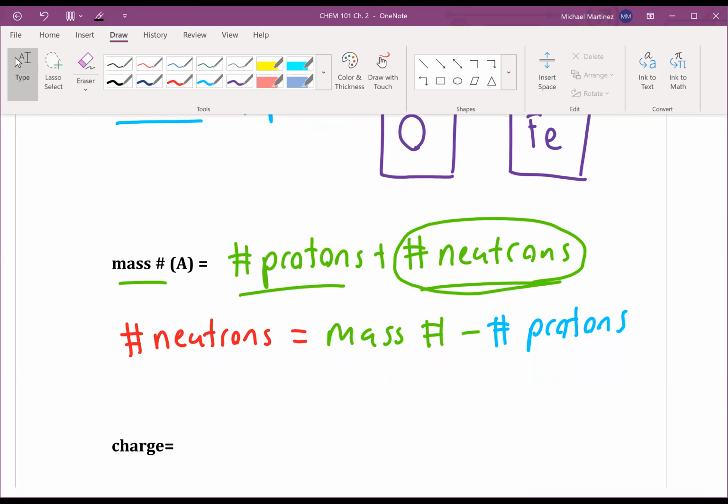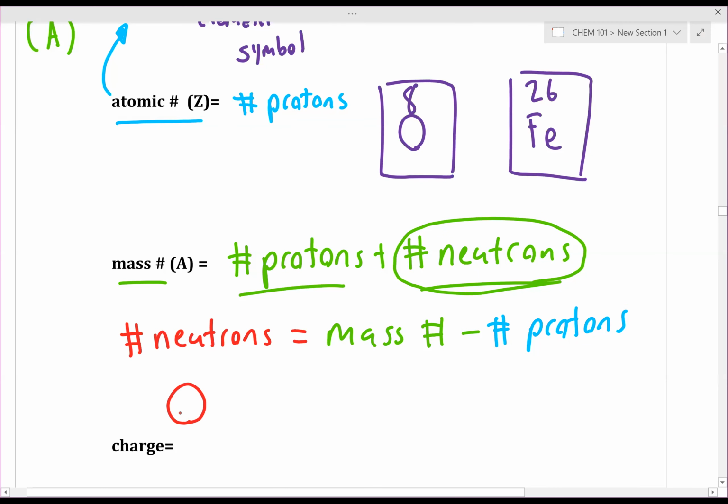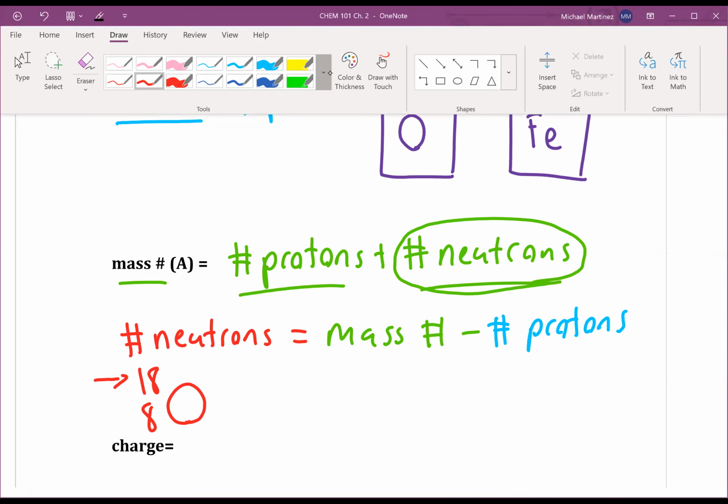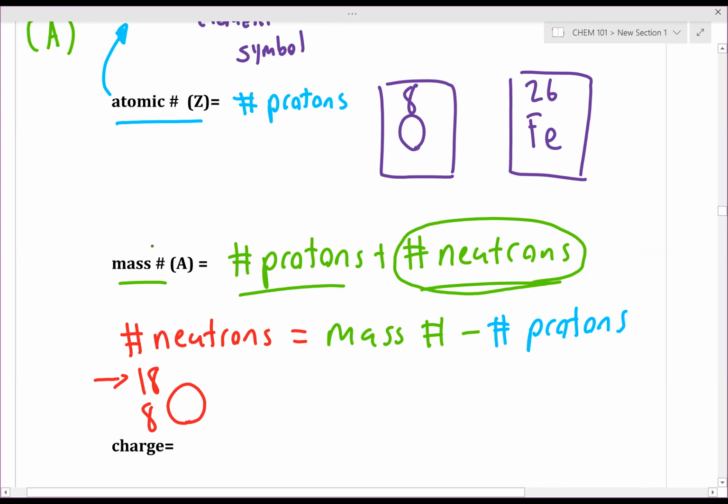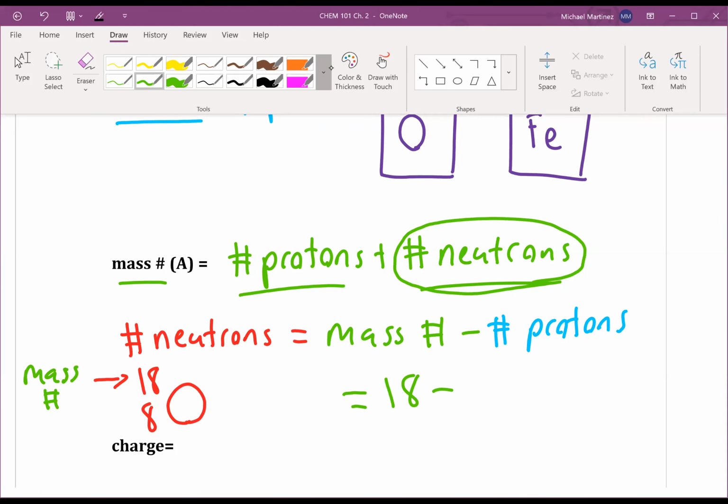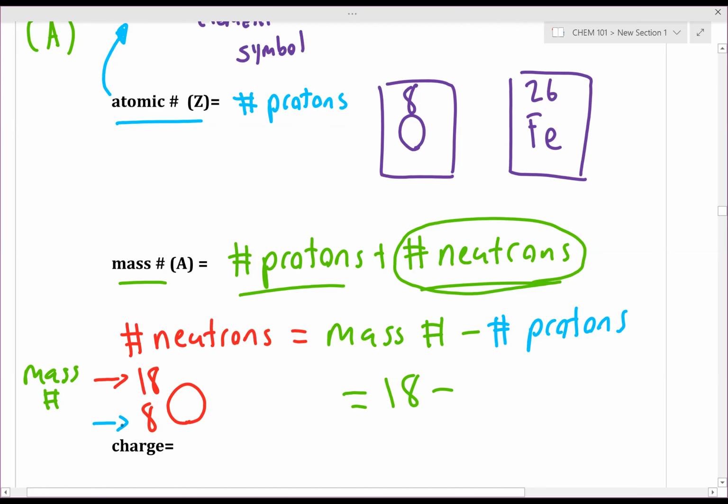But just as an example, if we are looking at oxygen 18/8, reading off from this isotope notation, as we established, this number in the upper left-hand corner is known as what? What's the number in the upper left-hand corner? That's the mass number, okay? So then, if we want to figure out the number of neutrons, we take our mass number, which is 18, and then as we established previously, the number in the bottom left-hand corner, 8.